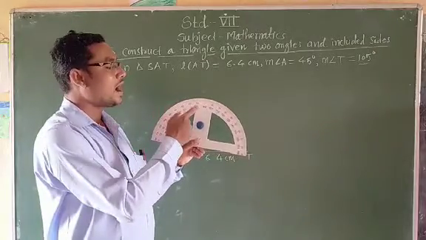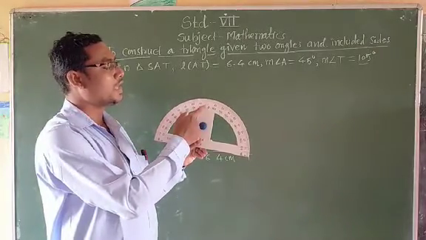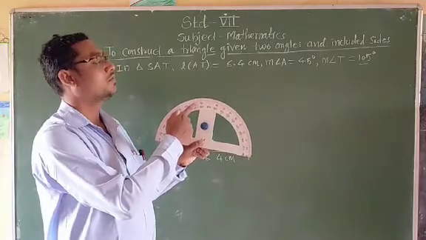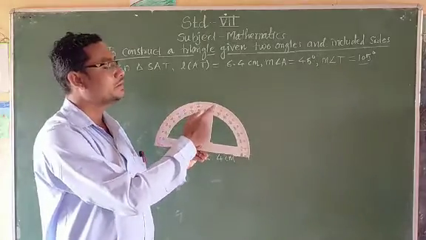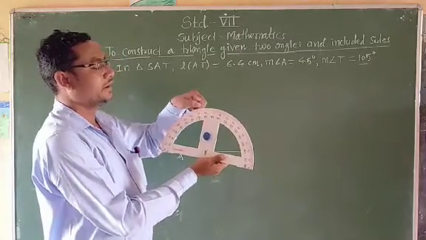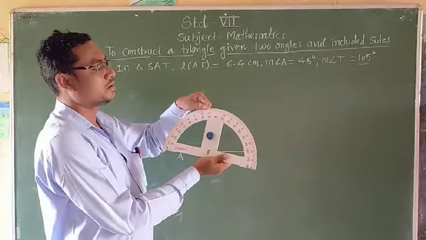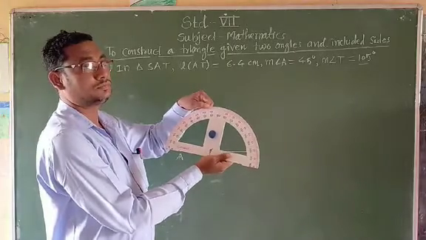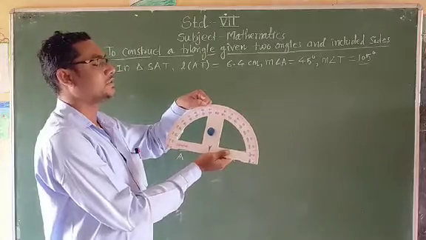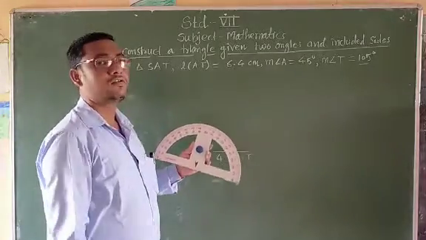So 105 degree means more than 90 degree. Means we get 105 degree not here. You will get the 105 after 100. Look here, after 100, count the 5 lines, means we get 105 degree.